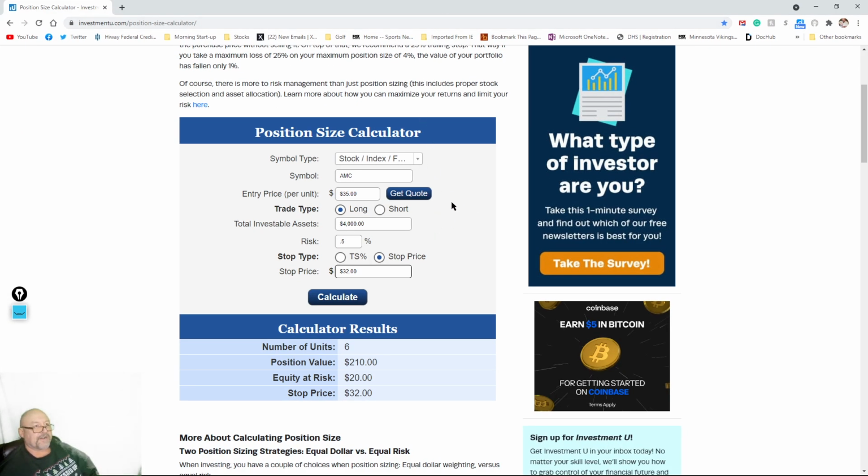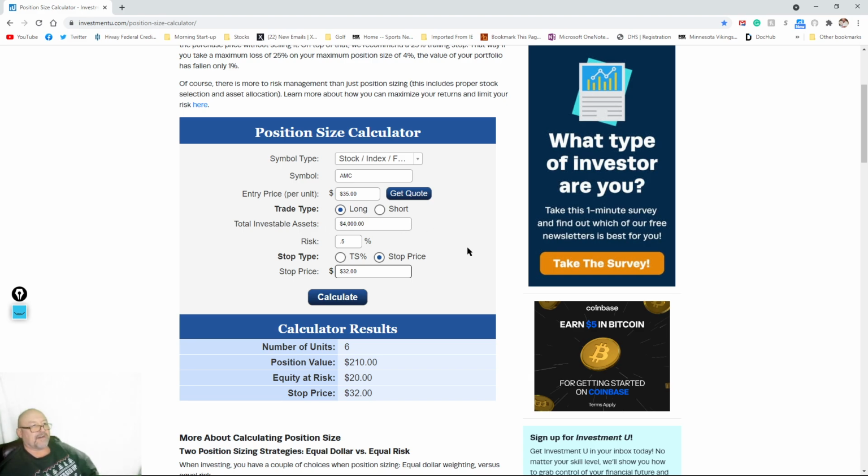Now I have this set up already, but when you come on here, you put in the symbol that you're looking at, AMC, and the entry price, we already agree you're getting in at $35. Here you have how much money you have in your portfolio, which is $4,000.